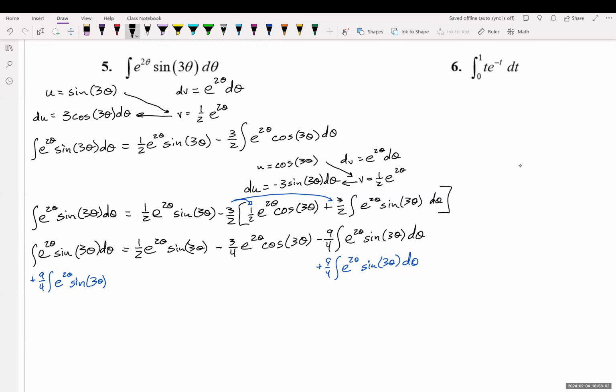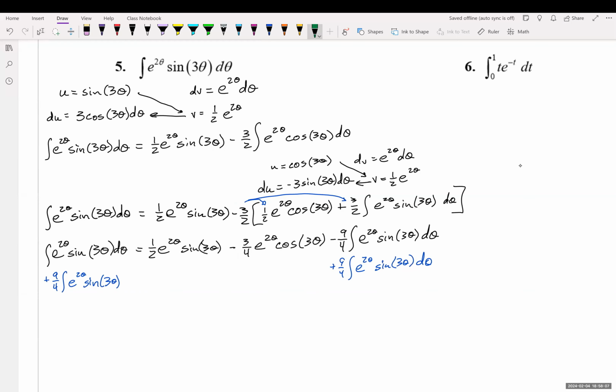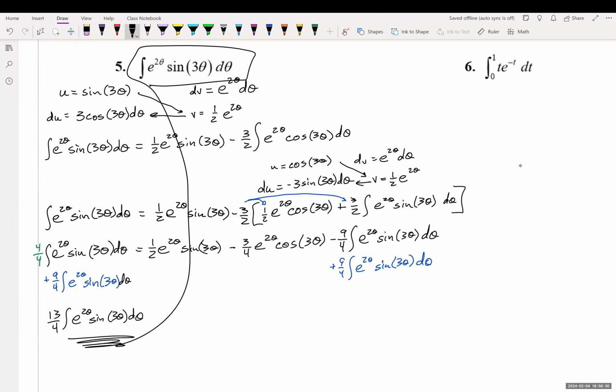Like this. Now, of course, this right here has a 4 over 4, right, a 1 in front of that integral. And so when we add these guys, we're going to get 13/4 integral of e to the 2 theta, I lost my d theta there, sine 3 theta d theta. Again, remember what we're trying to find here, right? We're trying to find that. So we're in pretty good shape here.